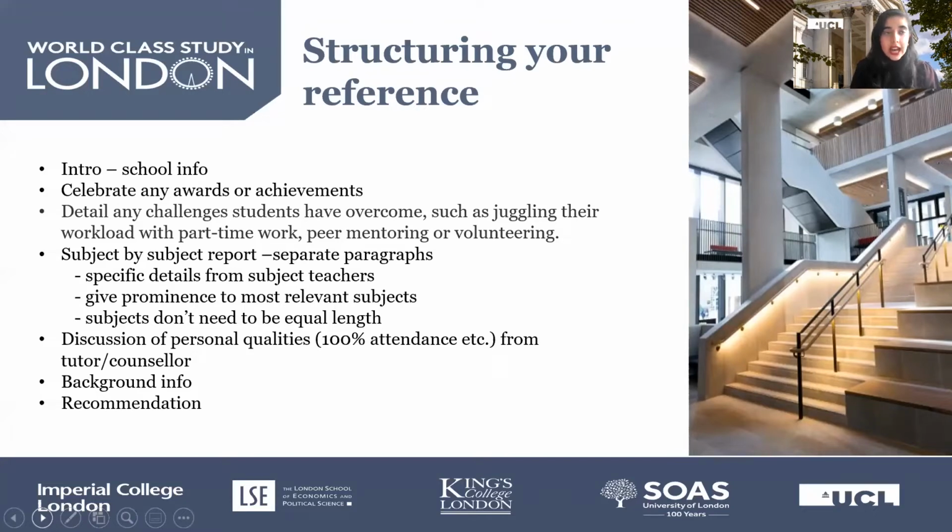For us as institutions, we're really looking for that corroboration that students are able to cope with sustained workload at a higher level and that they'll be able to flourish in an academic intensive environment. Talking about those achievements, it is really nice to know about personal qualities, but for us as institutions, it's a lot more helpful if it relates to their chosen subject.